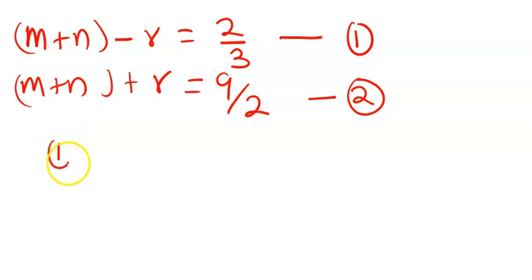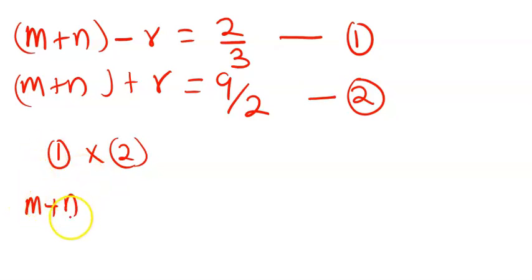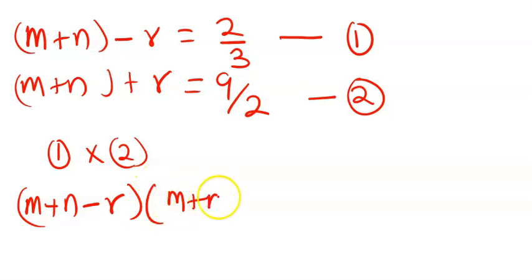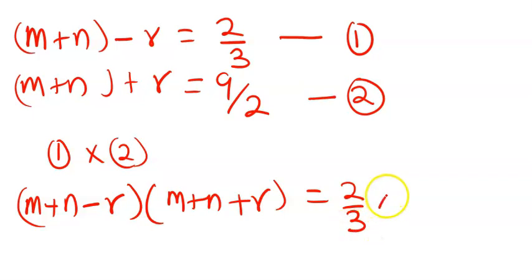So equation 1 times equation 2. Let's see what will happen. We are going to have m plus n minus r times m plus n plus r is equal to 2 on 3 times 9 on 2. On the right hand side, 2 will cancel 2, and then 3 will go into 9 3 times.